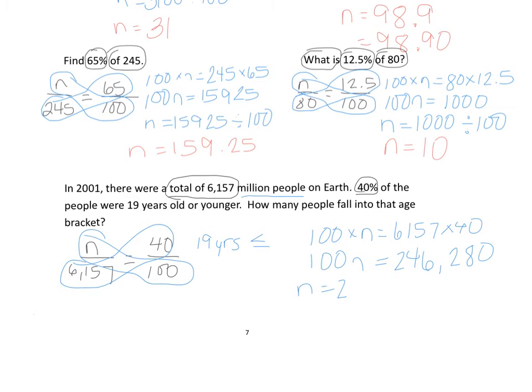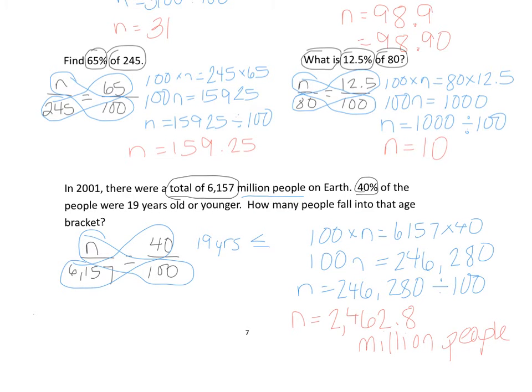And we divide the 246,280 by 100 to indicate that there are 2,462.8 million people that are 19 years old or younger. That is that 40% of the total 6,157 million.